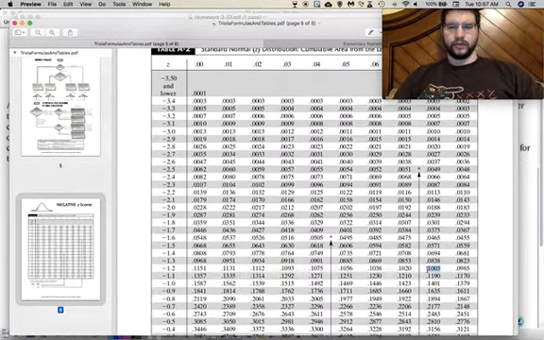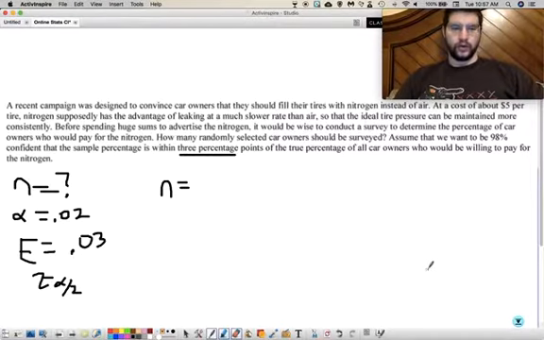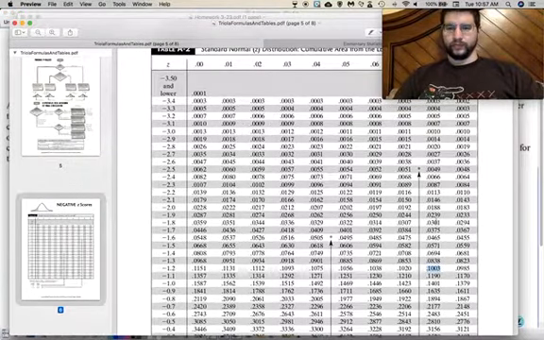It's closer to this one. We have 0.0102 and 0.0099. This one's closer to 0.01, so I'm going to use negative 2.33.